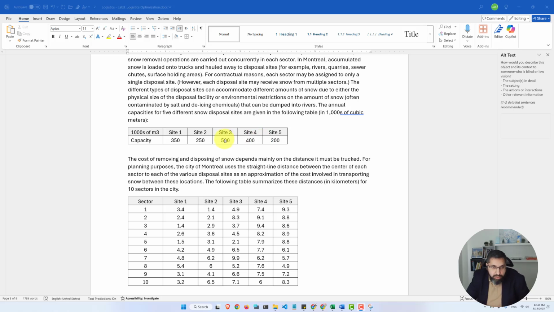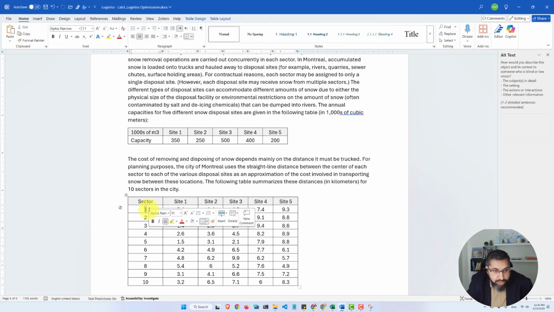This capacity depends on whether you're dumping in a large lake that's high capacity or a small stream that's low capacity, because you can't inundate natural water sources or fields or open areas with lots of debris and salt-filled compacted snow, right? So these are the sites where we're going to dispose of the snow. Then the sectors are Montreal split up into sectors, and then these are the distances.